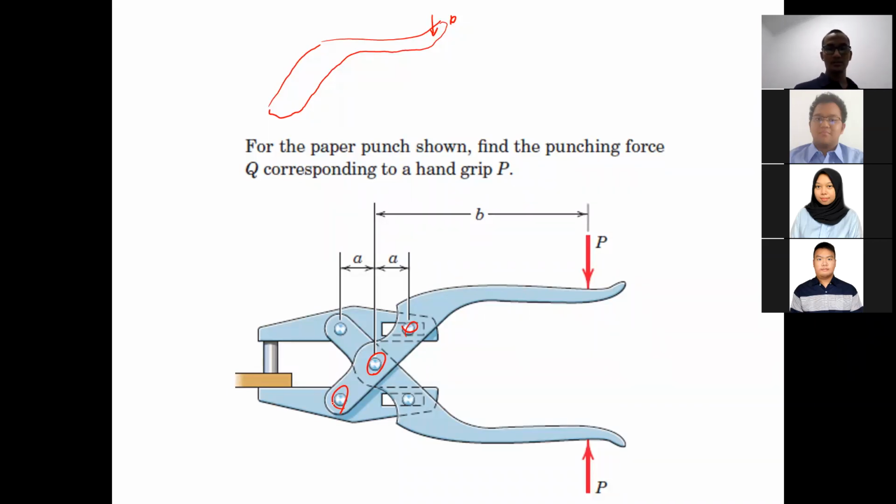In order for us to not get confused, I name this one A, this one B, and this one C. So this one will be Ay. How about at B? Bx and By, correct. How about at C? Cx and Cy.